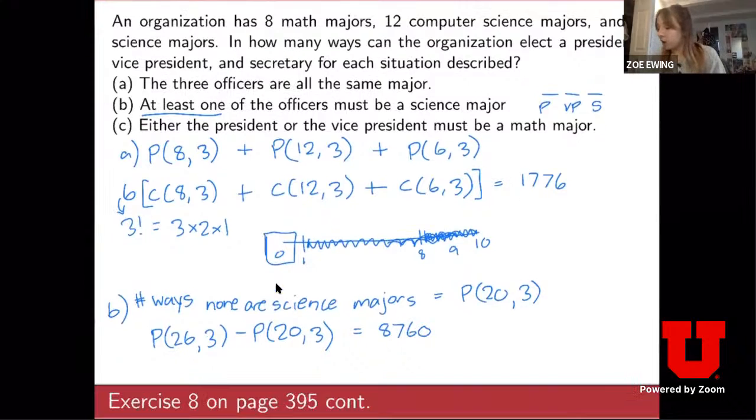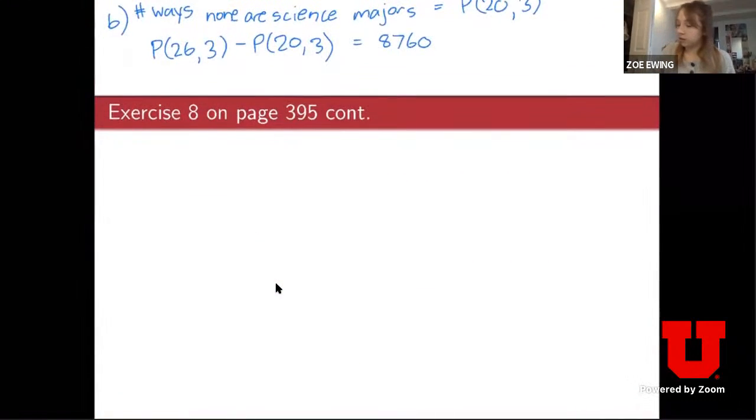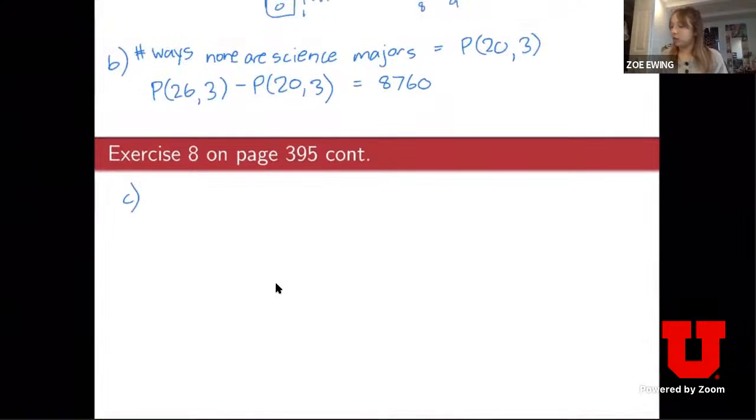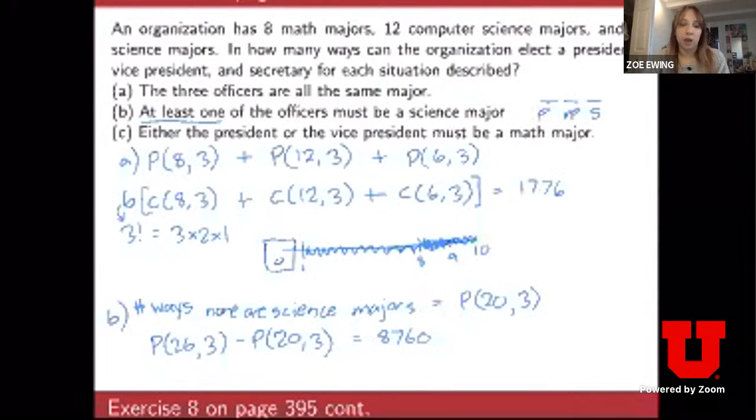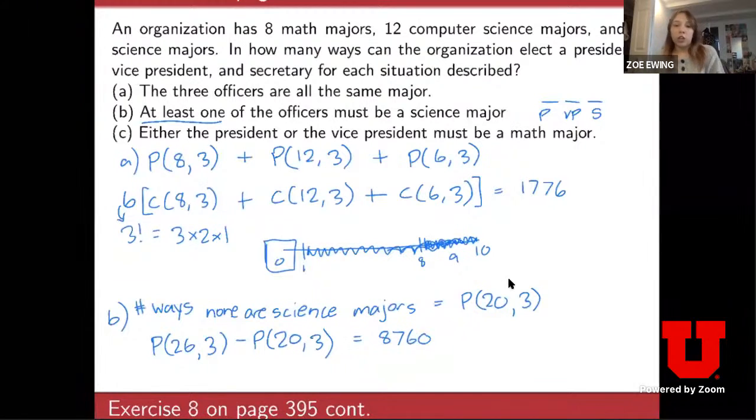Okay, moving on, let's go to this last part, which is the trickiest. So in this case, we have either the president or the vice president must be a math major. So if either the president or the vice president must be a math major, then we want to consider that the president is a math major, or the vice president is a math major, or both of them are math majors.